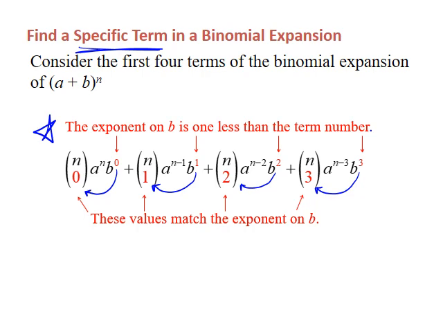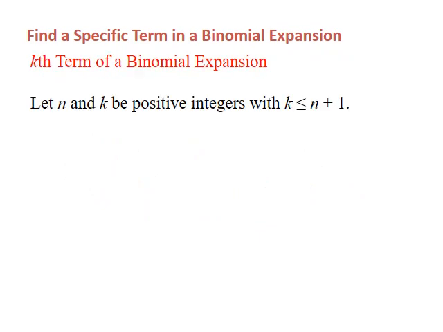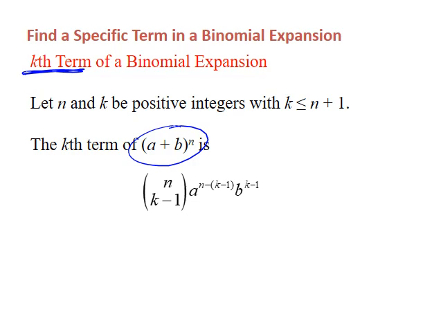But the reason this is helpful is because there's a formula for this. So if I want to find the kth term, maybe it's the 7th term, for example, I can apply this formula here. I know that this looks pretty complicated, but really here's what's happening. n is the exponent, so anywhere you see n, that's the exponent.